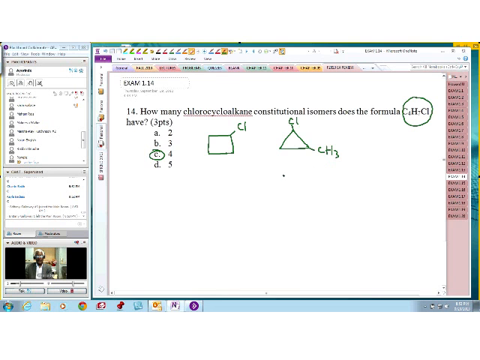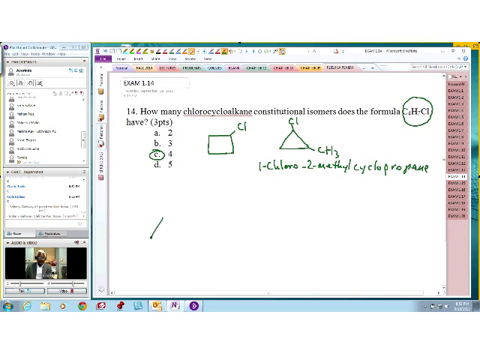This will be 1-chloro, 2-methylcyclopropane.